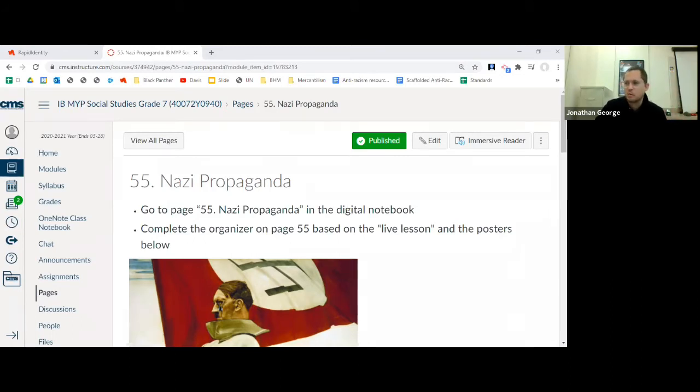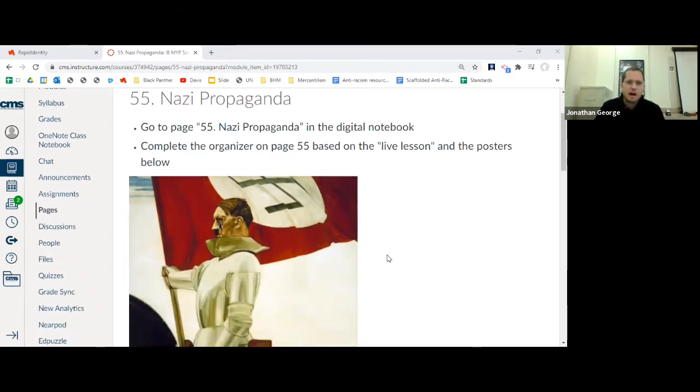So that's a system that we're going to use for analyzing political cartoons, analyzing this intentional art that people have created that has a purpose to it, a message to it, and we're going to use that to help us analyze these documents or these posters.